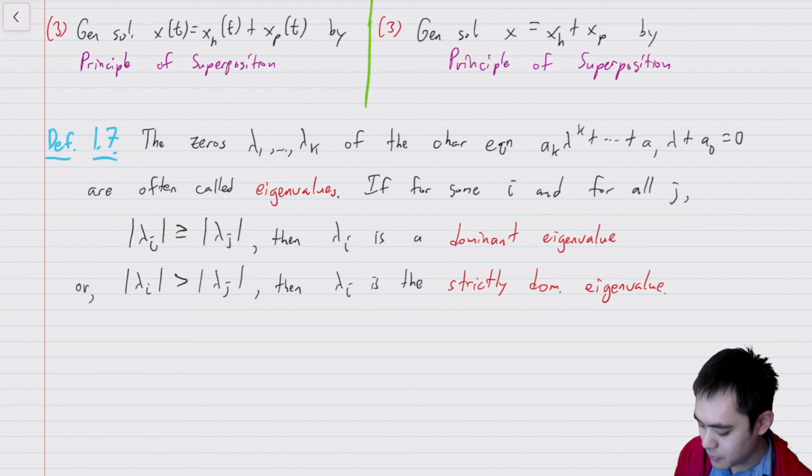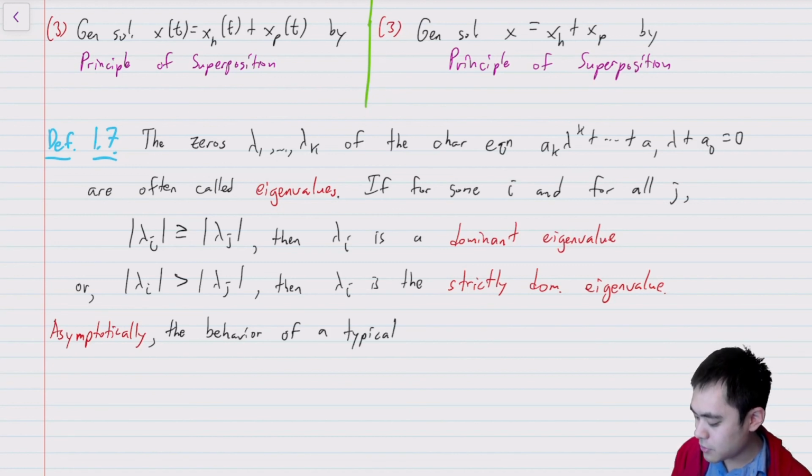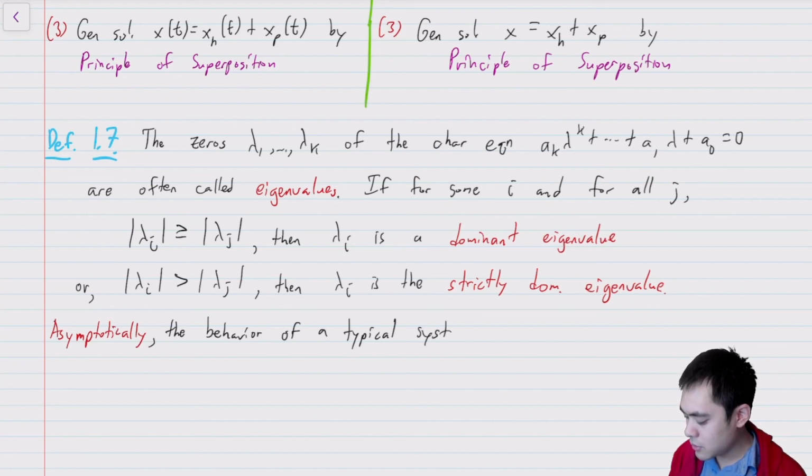So asymptotically, the behavior of a typical solution to the difference equation, typical solution, not system, is controlled by the dominant eigenvalues.